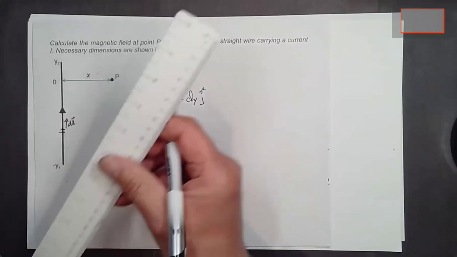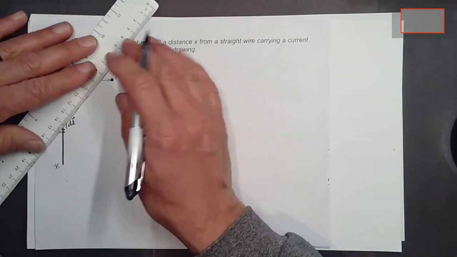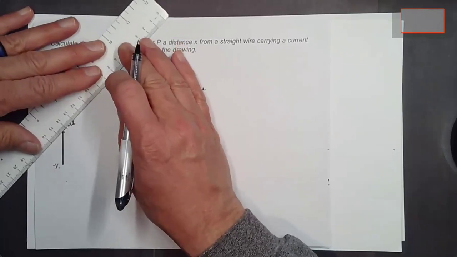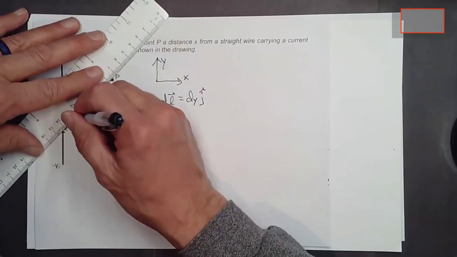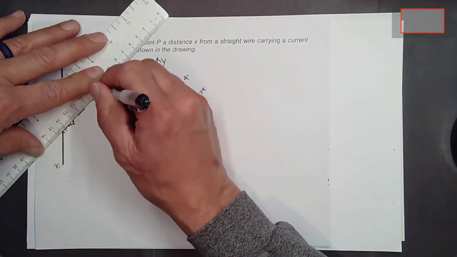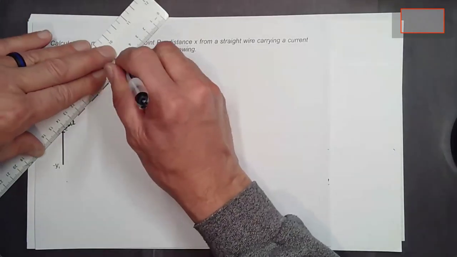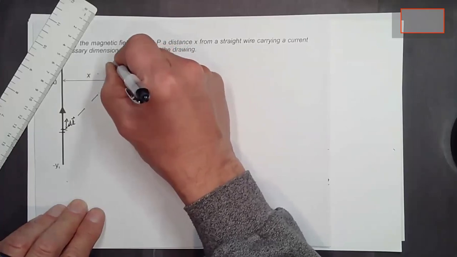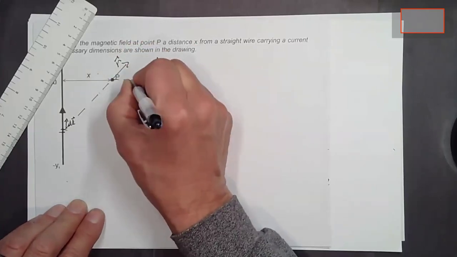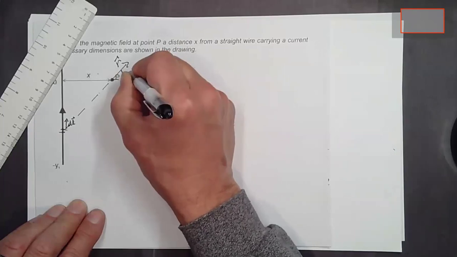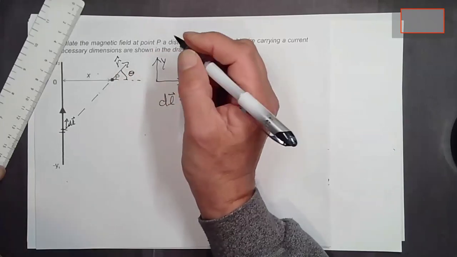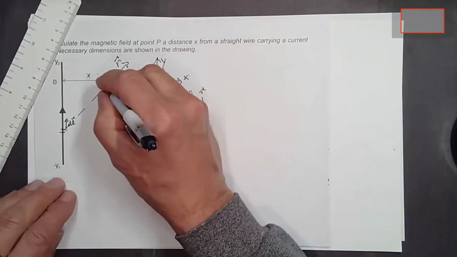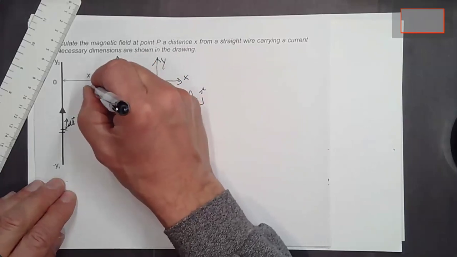Now it's going to be a little bit tricky figuring this one out, because we're going to have to consider some components of vectors. Here's going to be our r hat vector here. And if this is the angle theta here, this would also be the angle theta here.